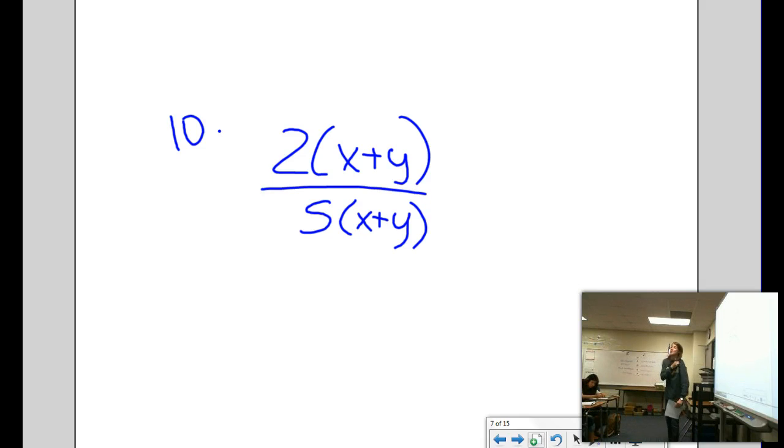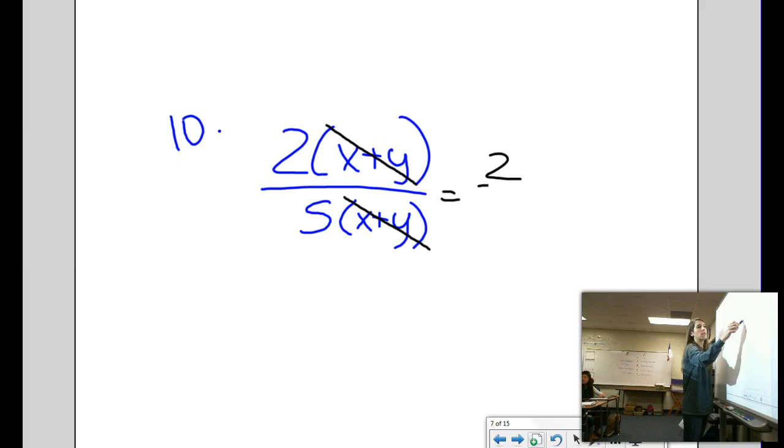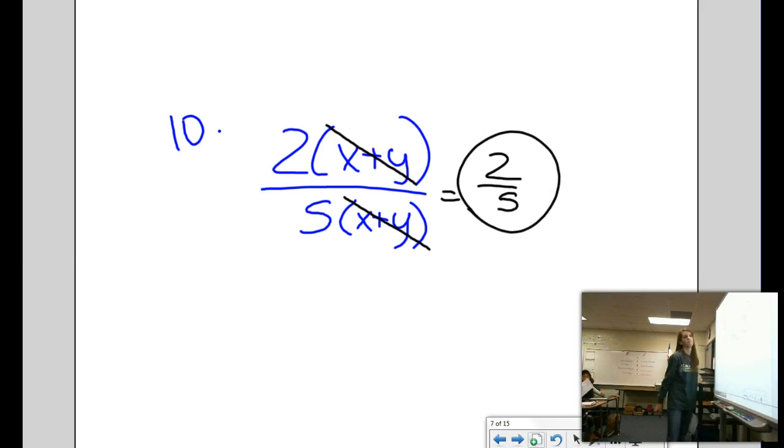Do you see anything in the numerator that's identical to something in the denominator? Yes. Now, can I cross out the x with the x? No. But can I cross out the entire x plus y term in the x plus y term? Yes, I can. That is identical to that. And you're left with 2 things. They just cancel because they're the same thing.